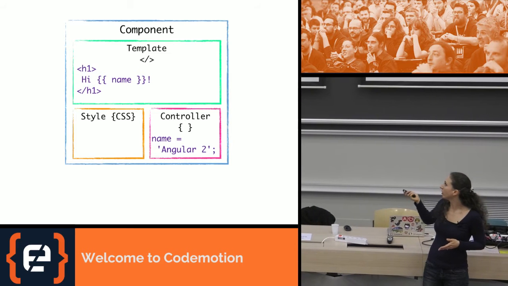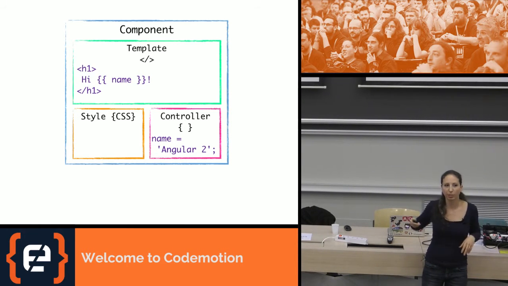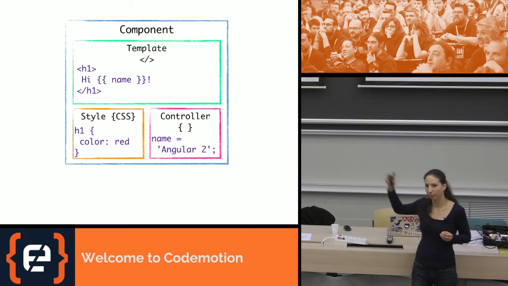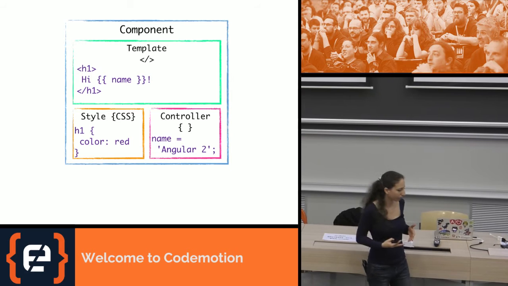So here the value of name is Angular 2, and we bind hi with curly braces name, and we have style for the component. And here the style is giving the red color to h1 elements.